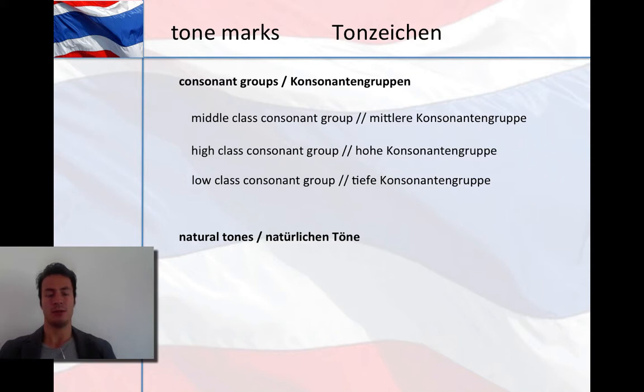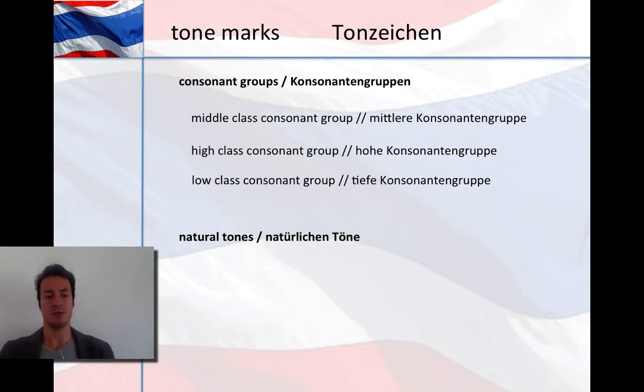We know that they have their natural tones, dann wissen wir auch, dass diese ihre natürlichen Töne haben in den Silben, which are, for instance, in a middle class consonant group, in a living syllable, the middle tone. I call it natural tone here, so this is the tone that is inherent in the syllables.